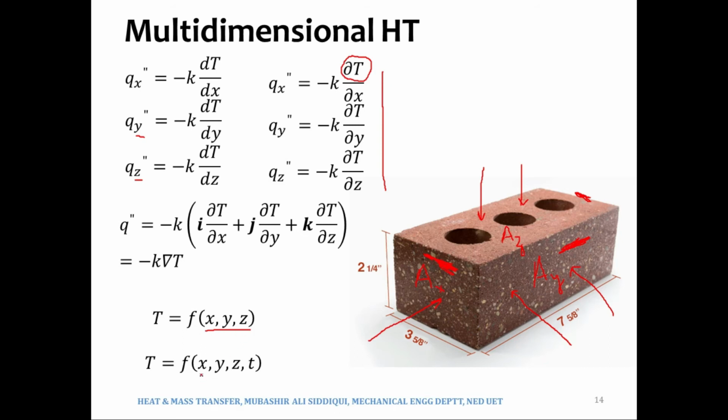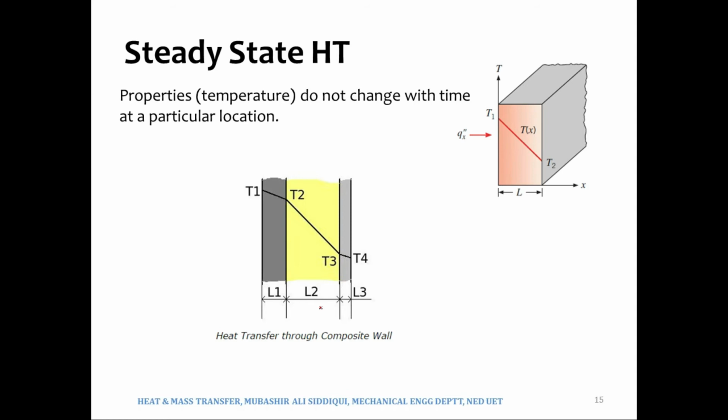Now in addition to x, y and z, the temperature may also vary in time, or it may not vary in time. What does this mean? It means we are talking about steady state heat transfer or transient heat transfer.